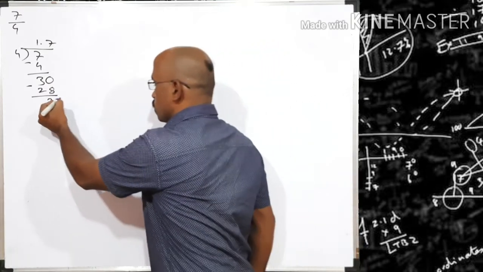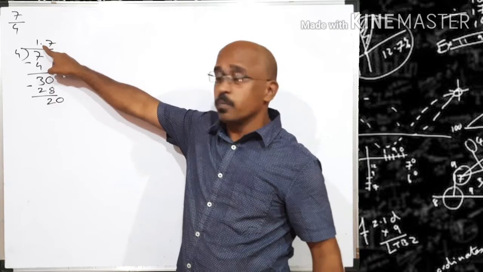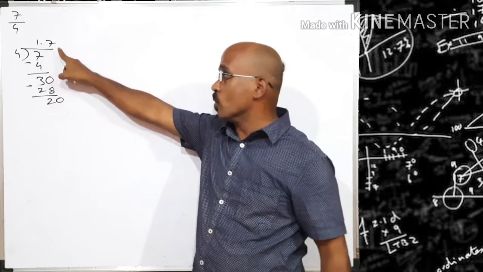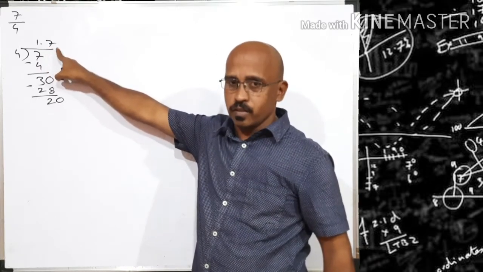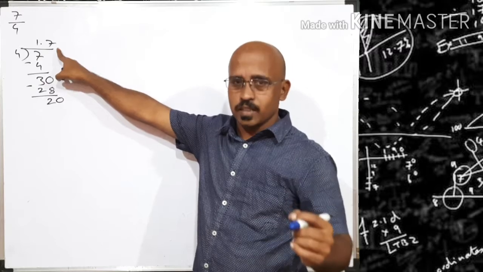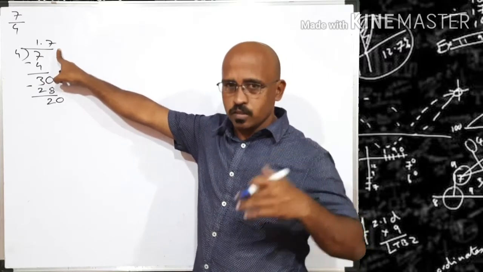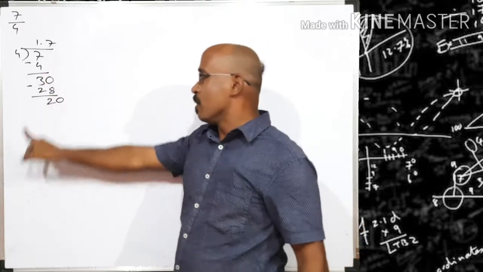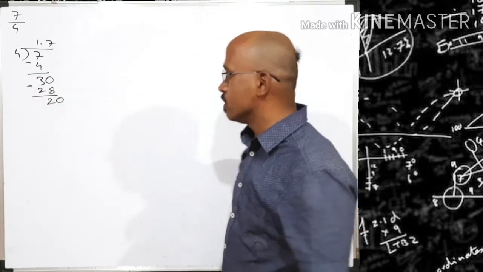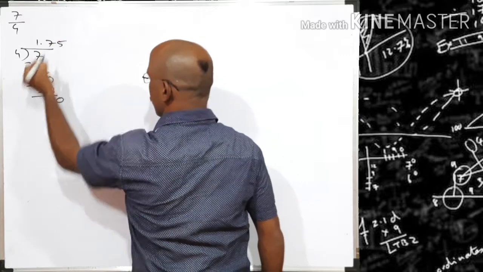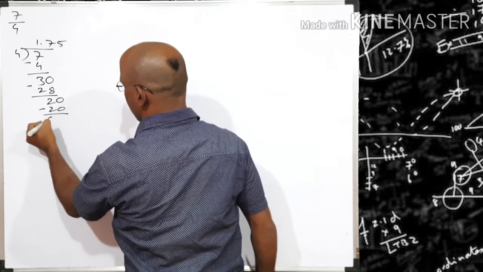We have to append a 0, but we can give the decimal point only once, so no need to write the decimal point after 7. Few students make such a mistake, and I hope they are not our subscribers, right? So 20 divided by 4, 4 5s are 20, minus 20, remainder is equal to 0.